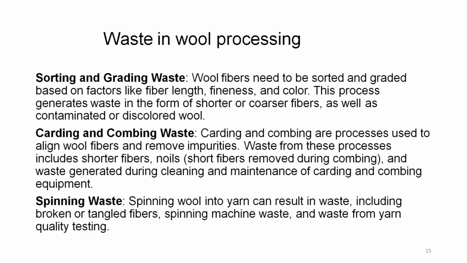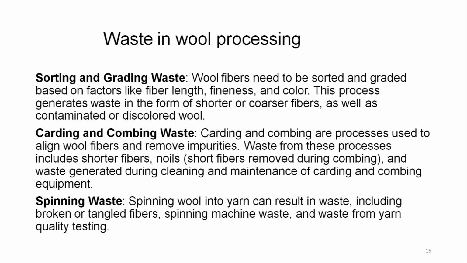Spinning waste. Spinning wool into yarn can result in waste including broken or tangled fibers, spinning machine waste and waste from yarn quality testing. So, there are several types of waste that are generated and they accumulate.